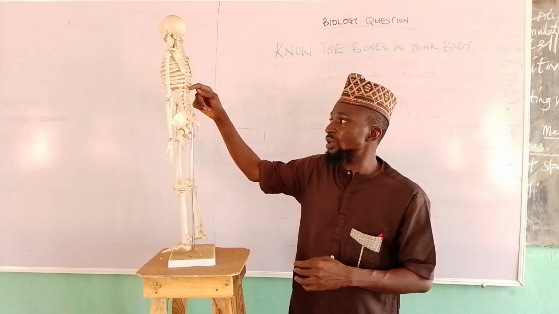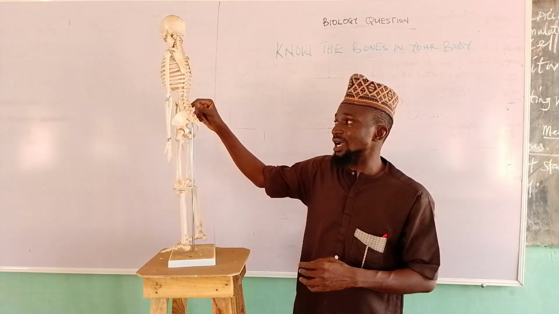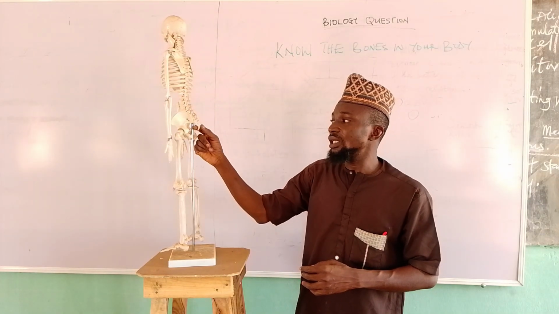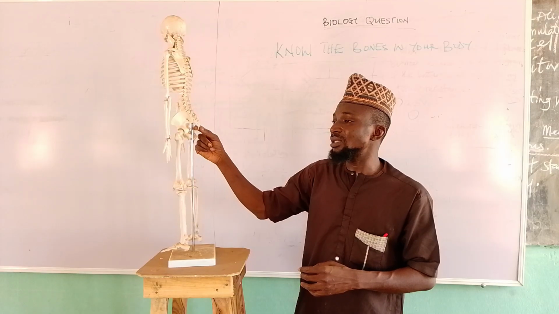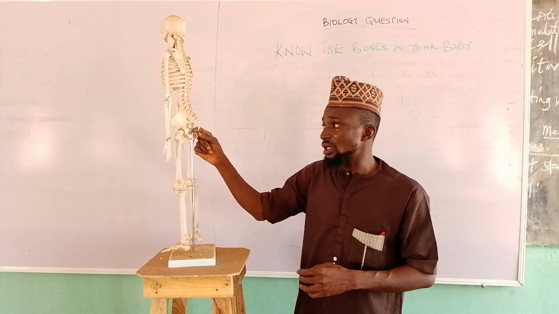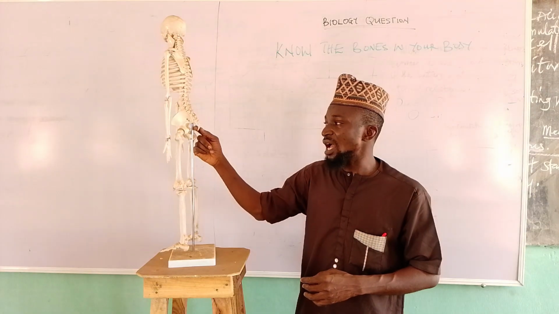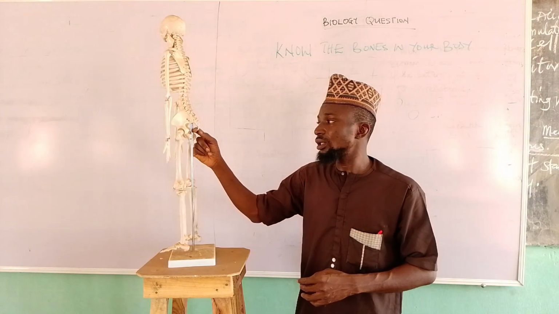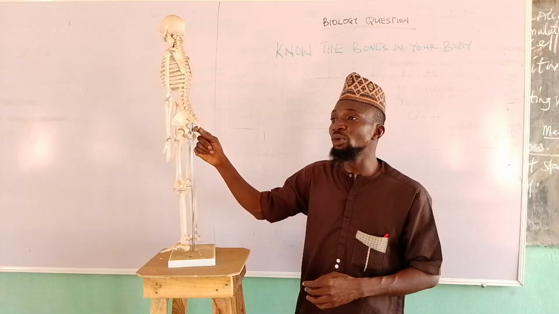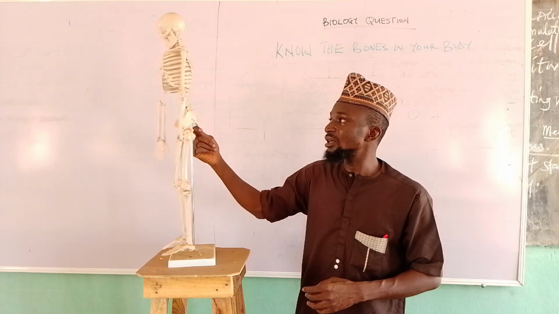Also, the remaining ones: we have the lumbar, the sacral, and the caudal. The caudal in humans is not produced, unlike other mammals such as rabbits, which have more tail. That is what we refer to as the tailbone. The tailbone is the caudal vertebra.